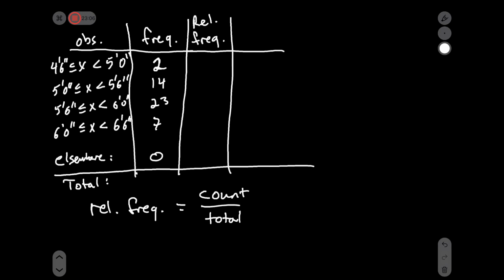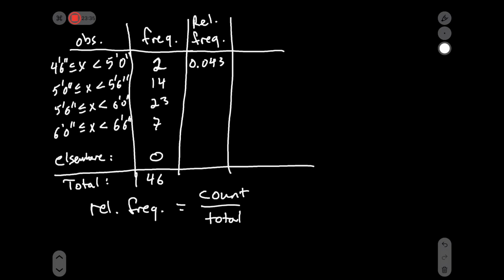Well, if you add all of these up, 2 plus 14 plus 23 plus 7, you're going to get 46. So let's say we've got 46 students in the class. What is the relative frequency of those that are in this first range, 4.5 feet tall to 5 feet? Okay. So some simple math here. I'll just go ahead and give you the answers.